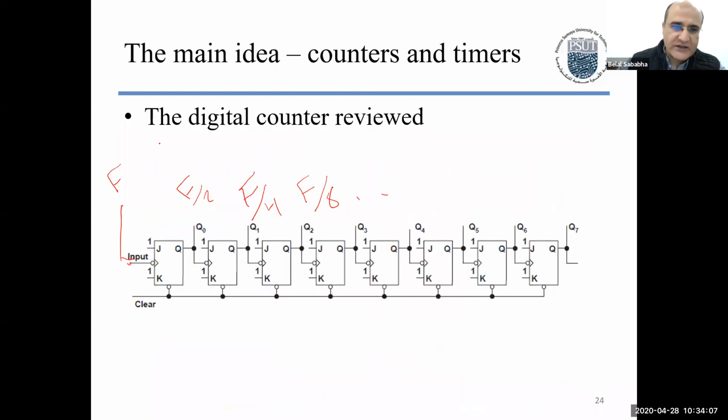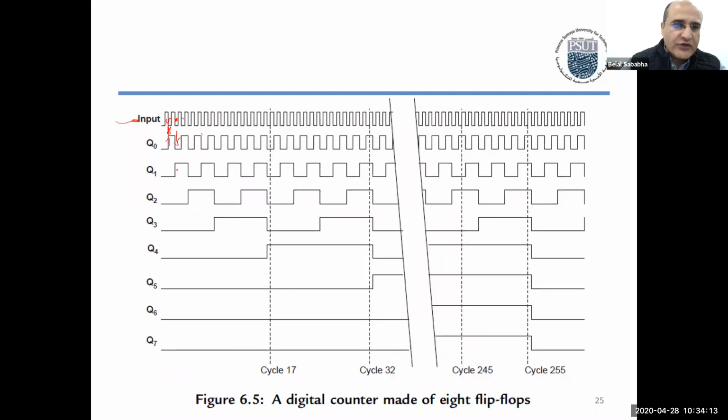And this Q0 acts as a clock for the next JK flip-flop. So on the falling edge, it will toggle, go high, and stay high until the next falling edge, and so on. If you look at the very beginning, before a falling edge comes, everything was 0, 0, 0, 0, 0, 0, 0, 0. On the first falling edge, this became a 1. On the next falling edge, this became a 0, 1.